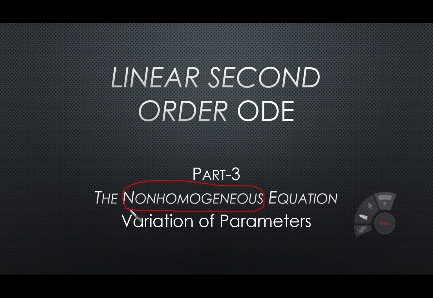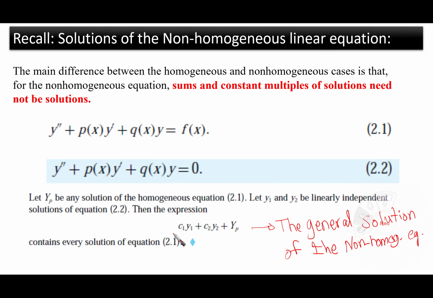Before, we were talking about the homogeneous equation, but today we are going to talk about the non-homogeneous equation, and we are going to talk about one way of obtaining the general solution using something called variation of parameters. Okay, now let's go and see how we are going to use this.